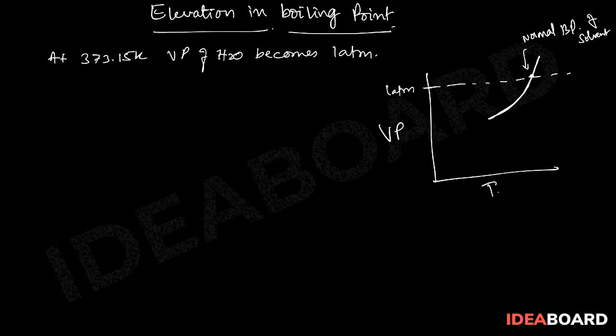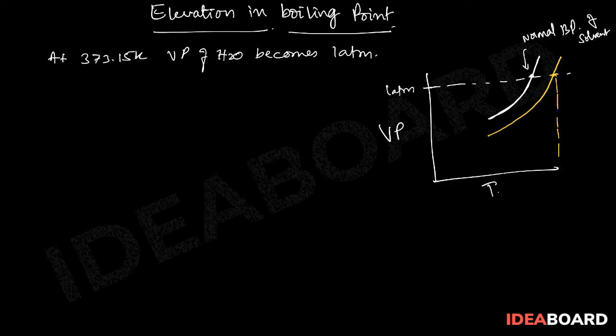Now when I add non-volatile solute, I get solution. Naturally we have already understood that the vapor pressure of solution will be less than that of solvent. So as a consequence, if we see here, the solution will reach the vapor pressure of 1 atm at much higher temperature.